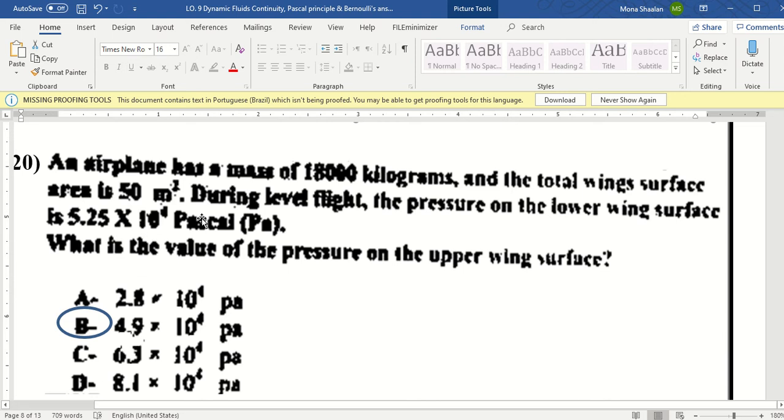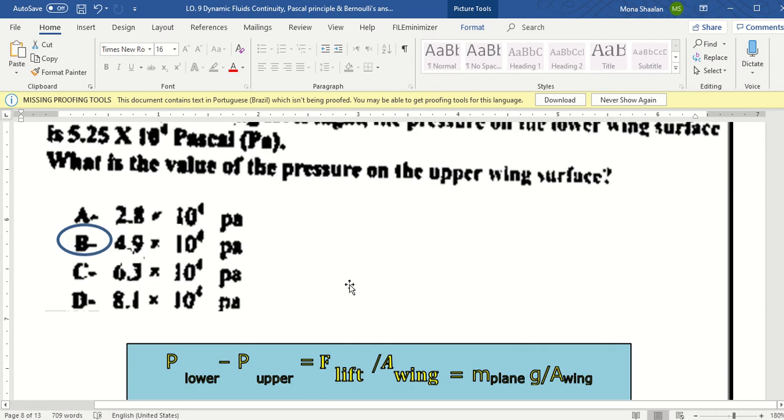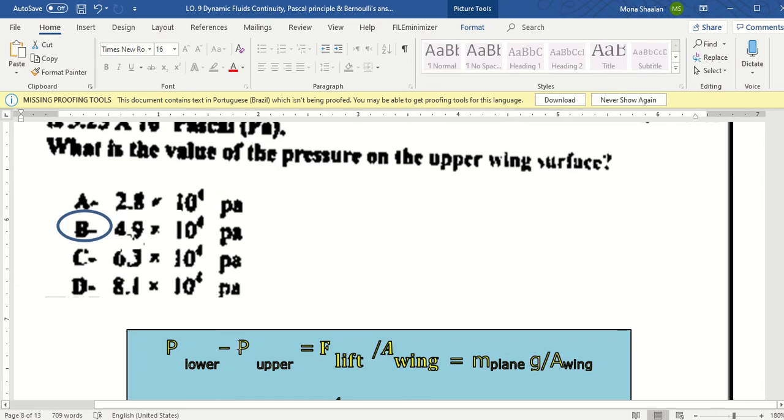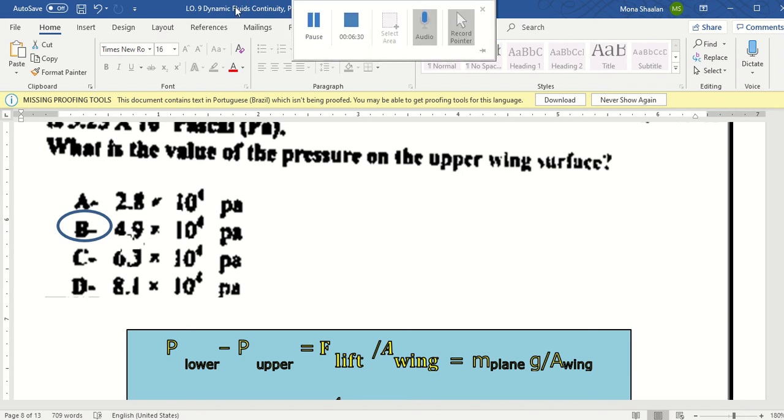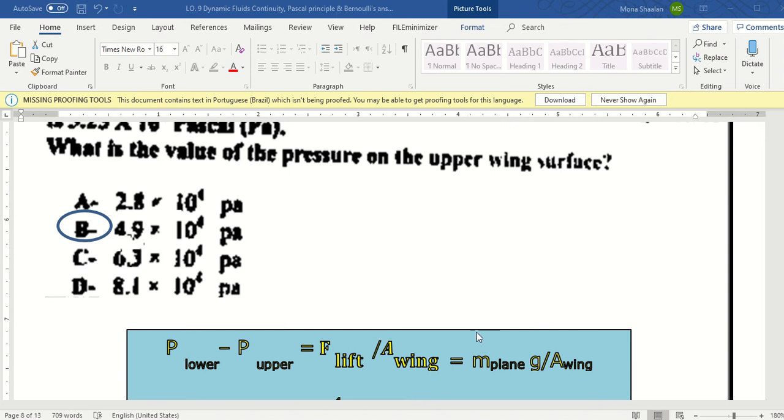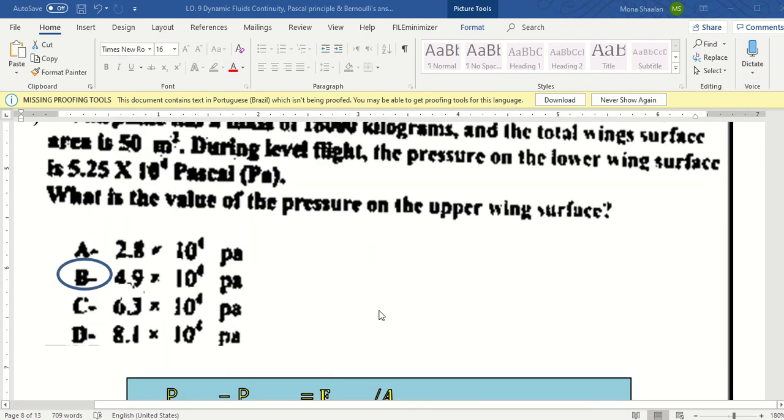Here we have two regions of pressure, the pressure in the lower area and the pressure in the upper one. As the pressure in the lower area is larger than that of the upper one, this pressure difference equals force over area, which is produced by the weight of the airplane over the cross-section area of the wing.